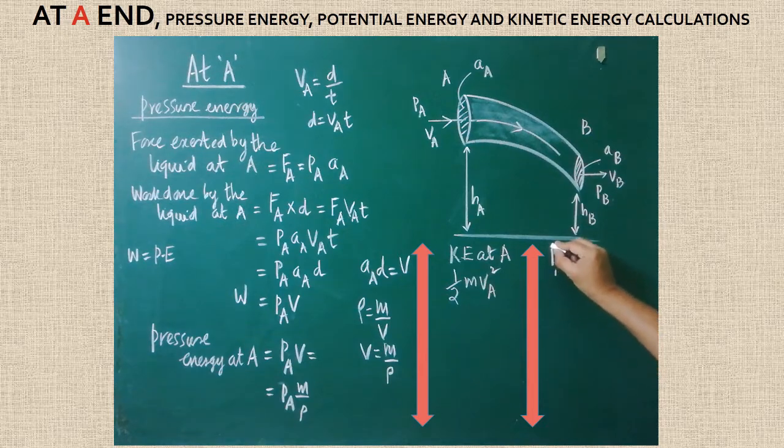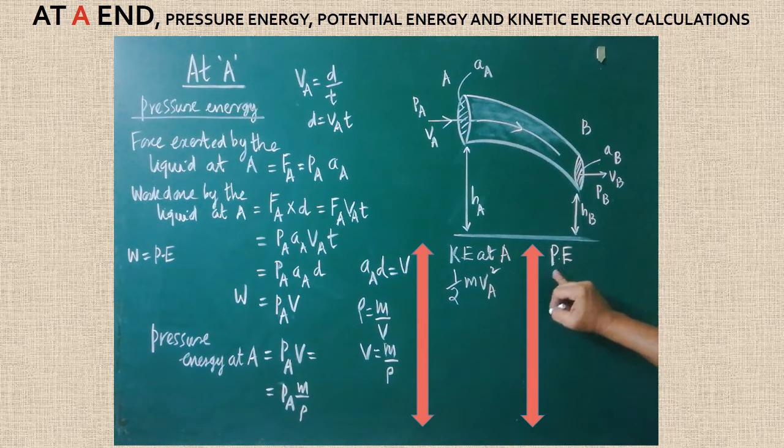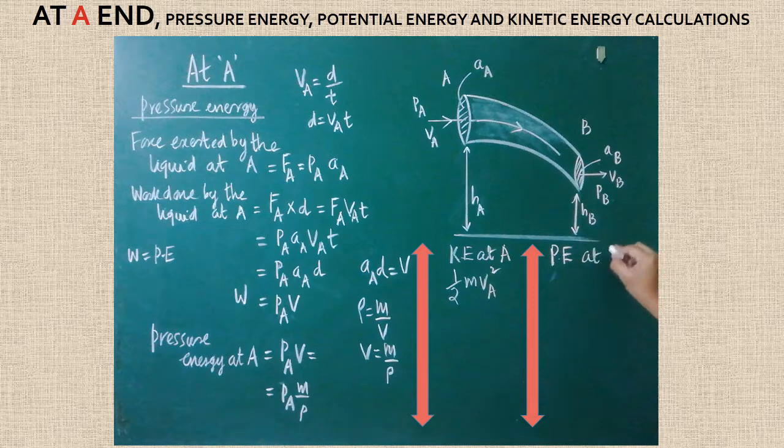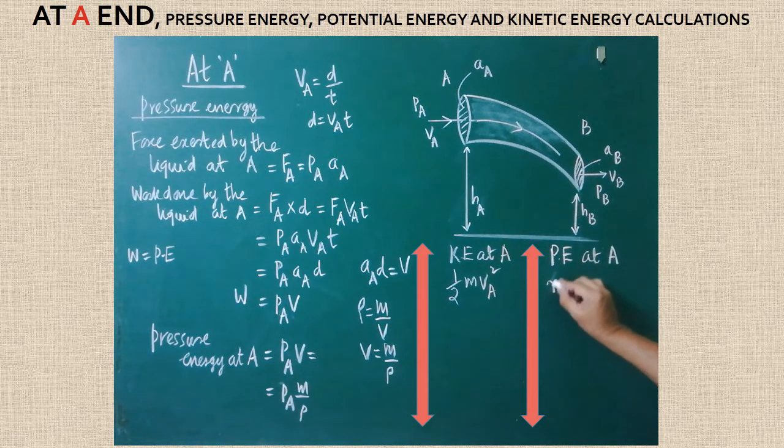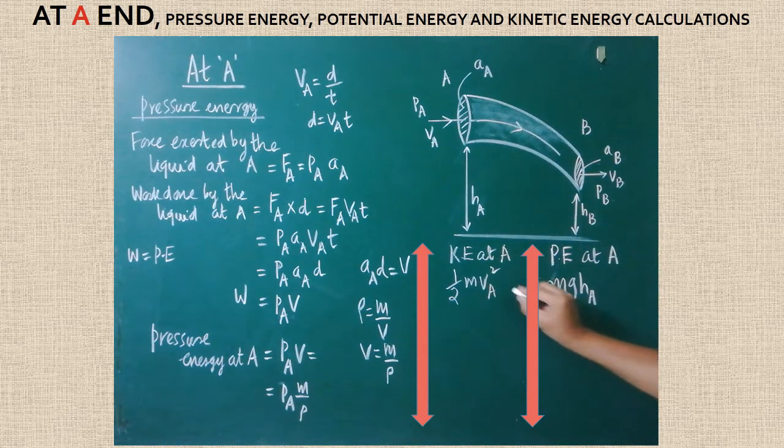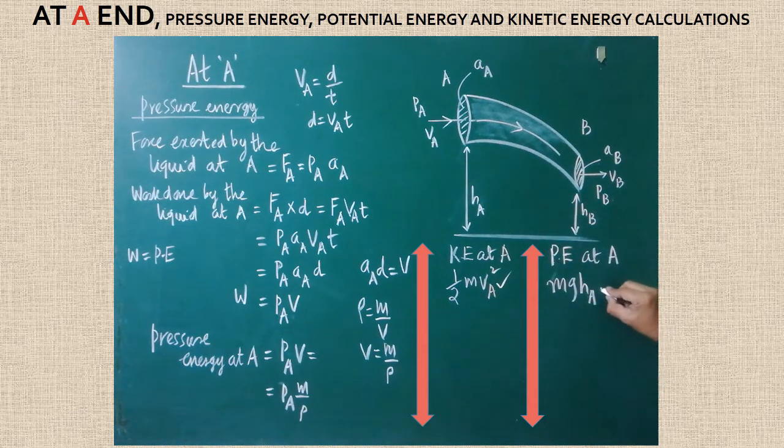Like that, potential energy of the liquid at A can also be easily calculated. What is the general expression? mgh, that is the expression to calculate the potential energy. mg is there. Height of the liquid at A can be written as HA. So put tick here in the important formulas.